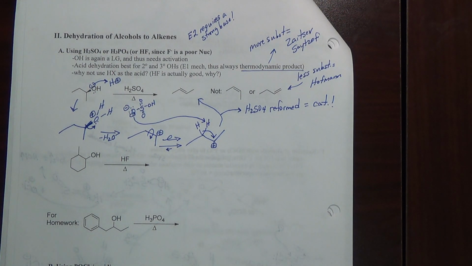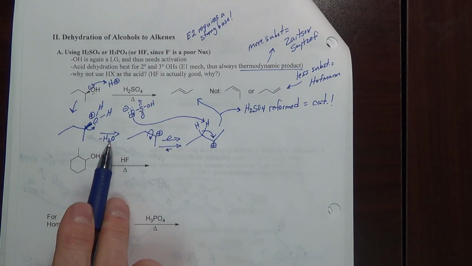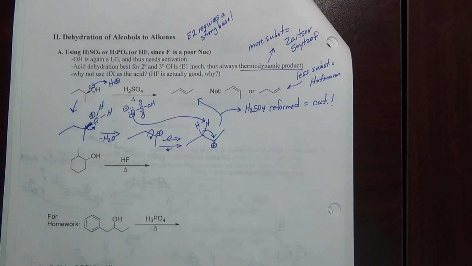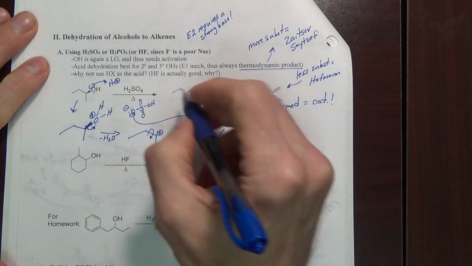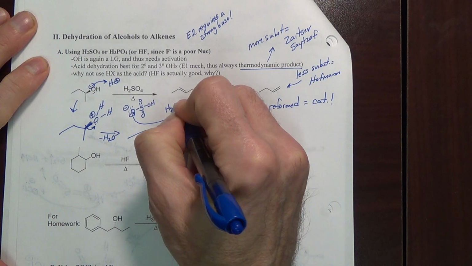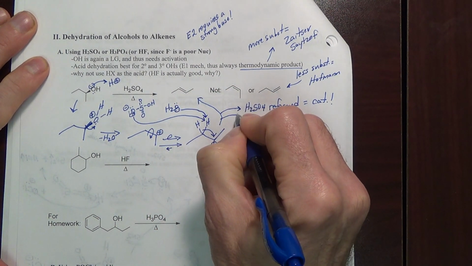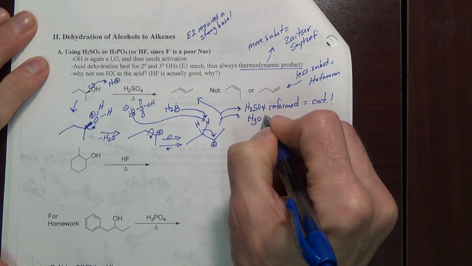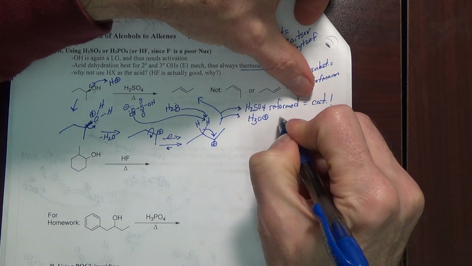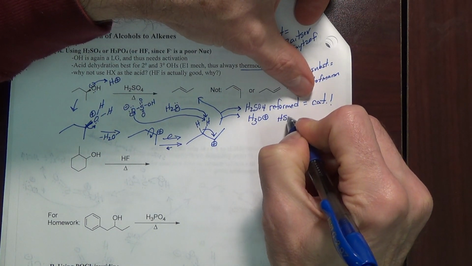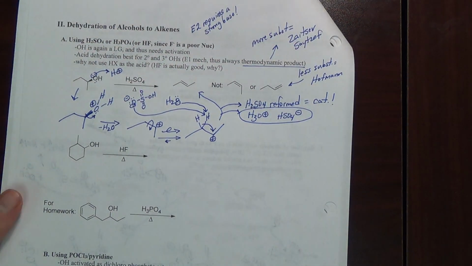All right. We also made water. I just showed it right here. Eliminated water. We produced water. Now, some instructors instead would use water to take the H. You can do that. I've talked about that in Organic 1. If you use water, you're going to form H3O plus, and this anion would just sit there with it. How about if we say HSO4 minus? And you'll just be left with that.